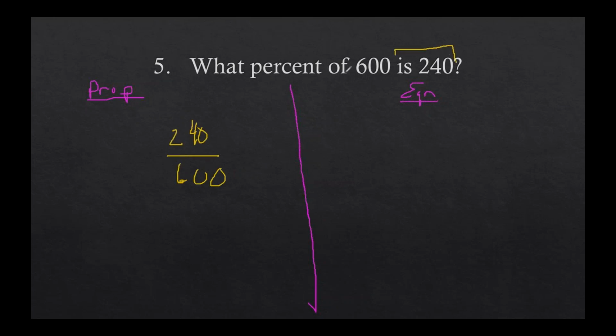Because is 240 of 600, it's is over of. What does the other ratio look like? The other one is always about the percent. Percent is always over 100. Yep, and if we don't know what it is, it's got to be an x. So there's x over 100.